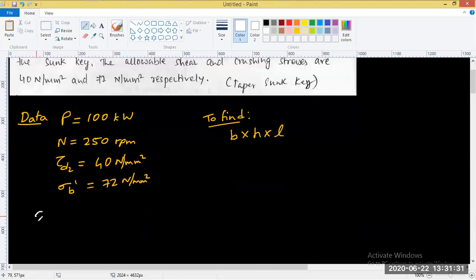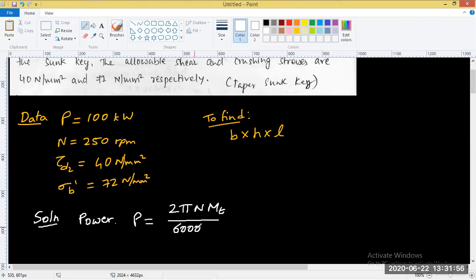First up, let's find the torque. The power P is given by 2 pi n MT, where MT is the torque, divided by 60,000. That's in kilowatts.